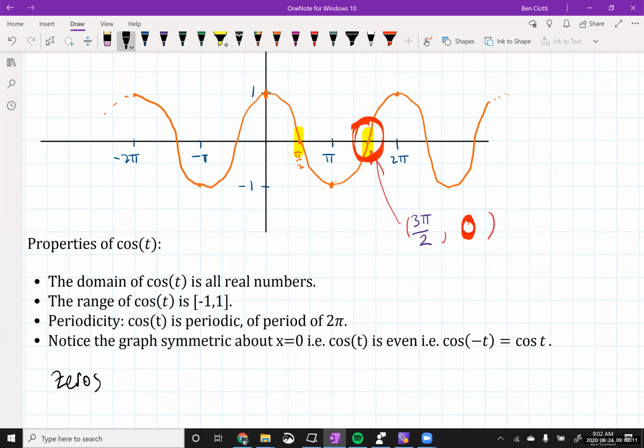Can someone, let's say, this point up here has y value of 5. Can you private message me the x value of that point that I circled? Private message me the x value.